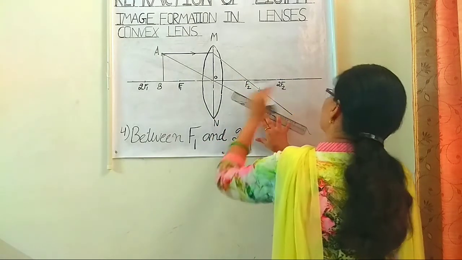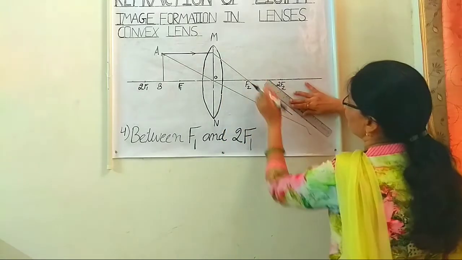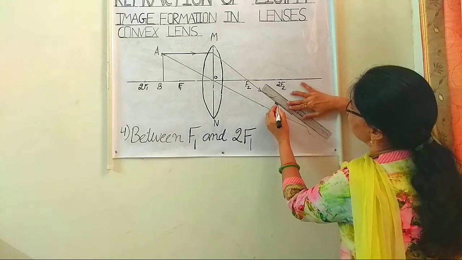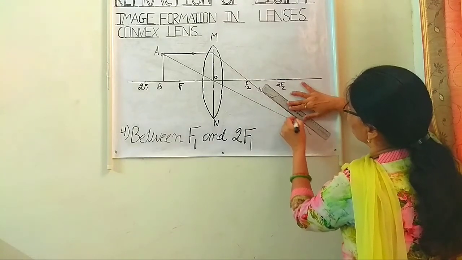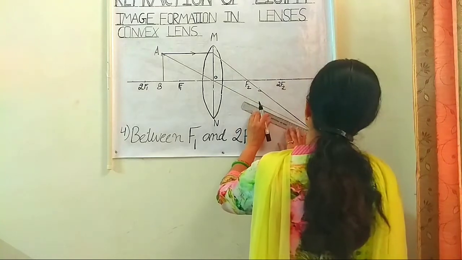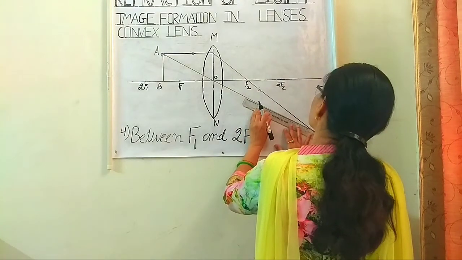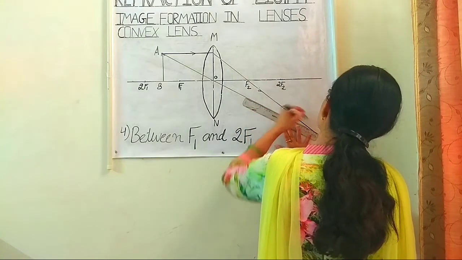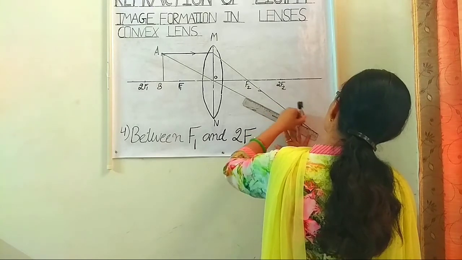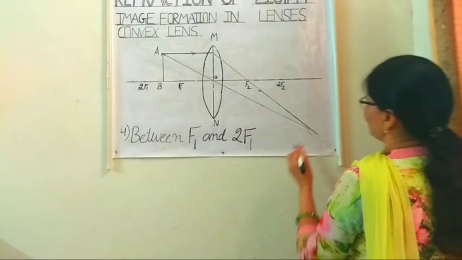When an incident ray passes through the principal focus, when the incident ray passes through the optical center, these two rays are not meeting, so we have to extend these two lines. When we extend these two lines, they are meeting somewhere here.